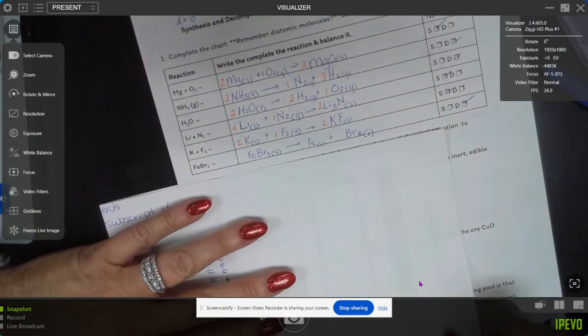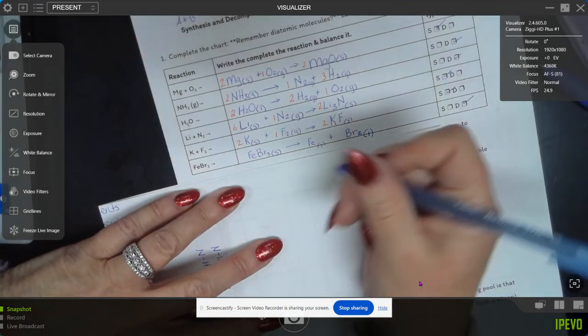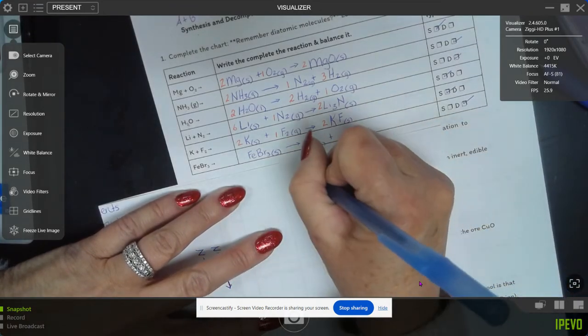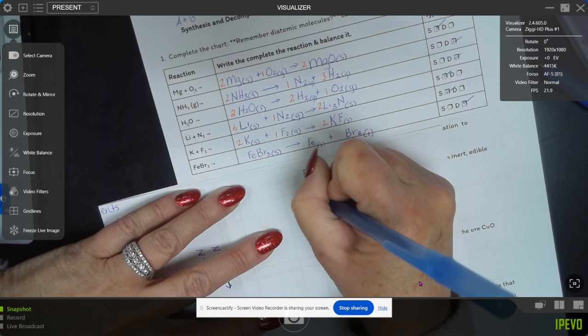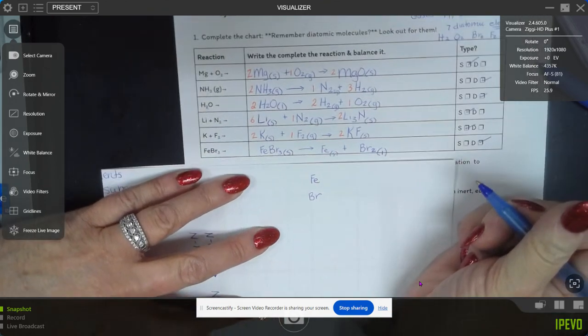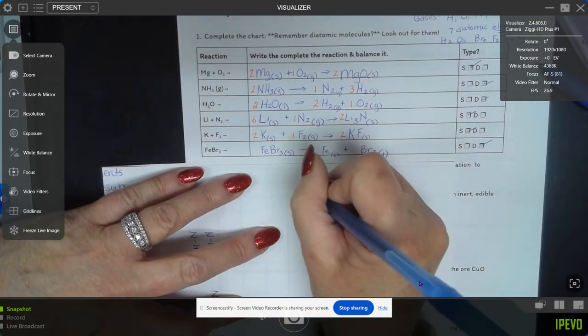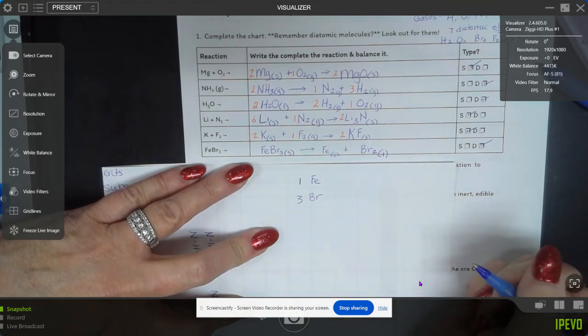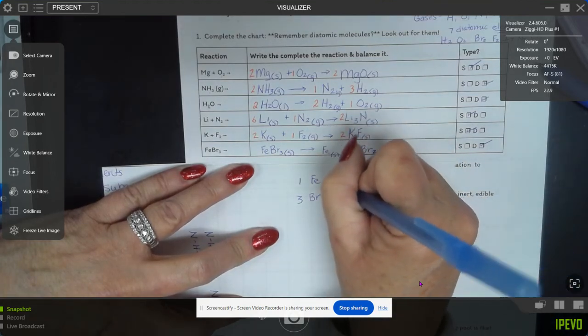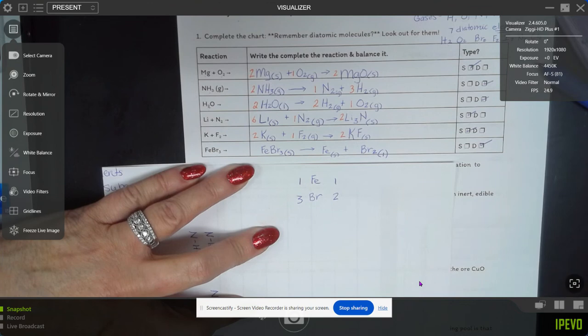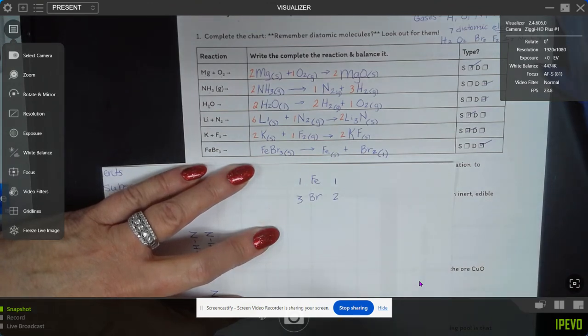All right, so this one, I have iron and I have bromine, okay? On this side of the equation, I have 1 iron, 3 bromine. On this side of the equation, I have 1 iron, 2 bromine. Okay, now this is a type of balancing that you're going to see lots of.